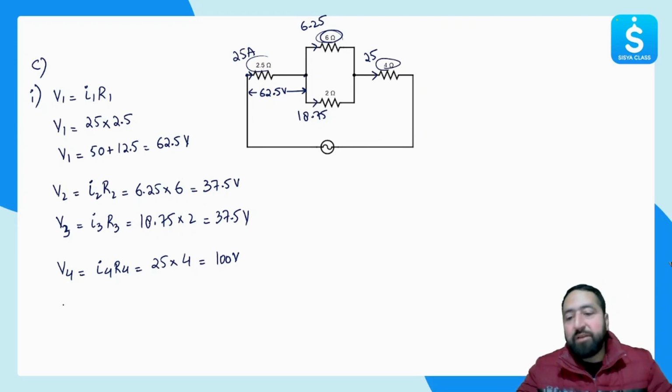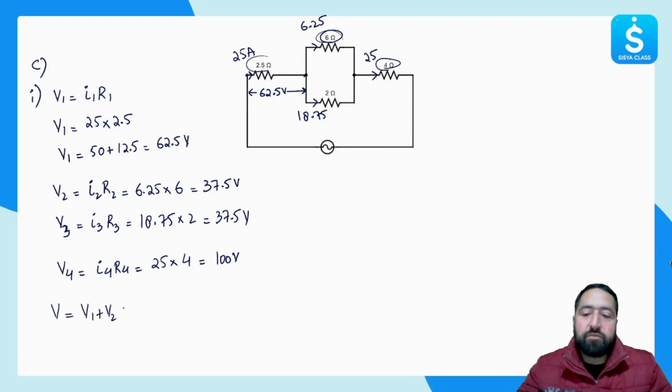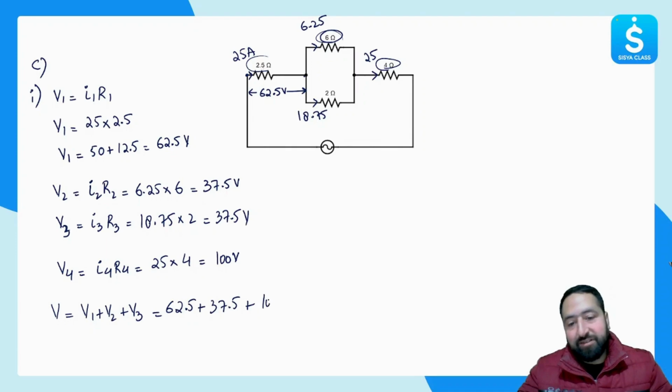And you know that if you want to check it, the total potential difference will be equal to V1 plus V2 plus V3. What is V1 equal to? It is 62.5. What is V2? It is 37.5. And what is V3? It is 100.